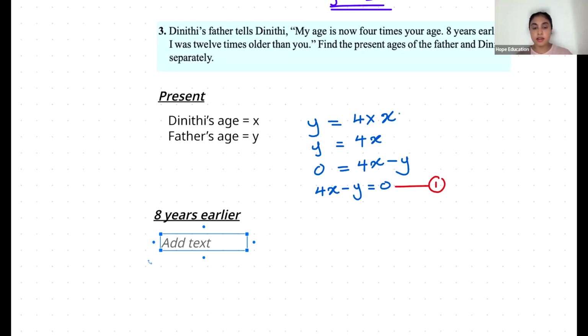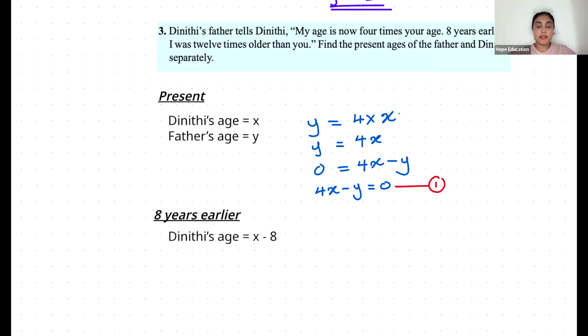If my age now is 26, how do we find my age 8 years earlier? 26 minus 8. That would be 18. Correct. Others, what do you think? What is Diniti's age 8 years earlier? X minus 8, yes. So others also, I hope it's clear. I got some answers in the chat box also. Very good. That would be x minus 8.